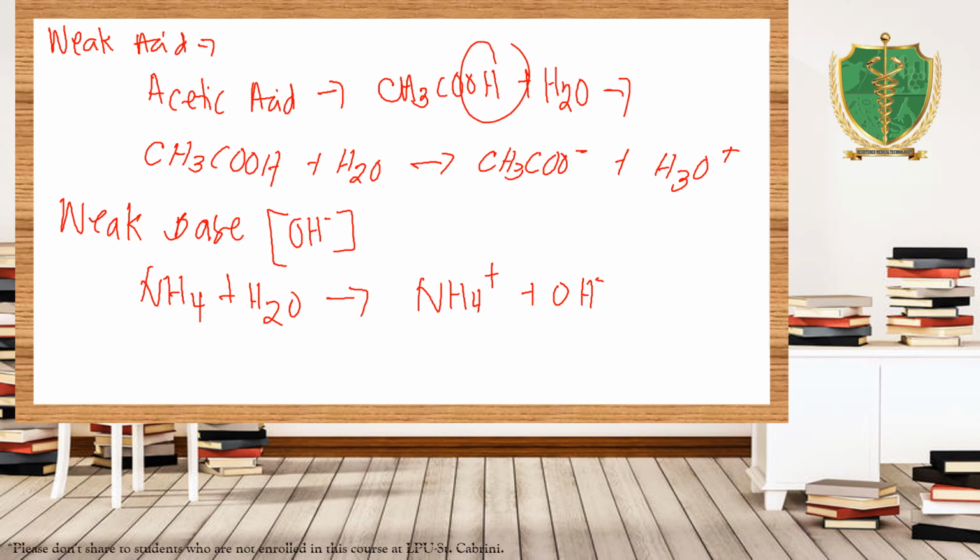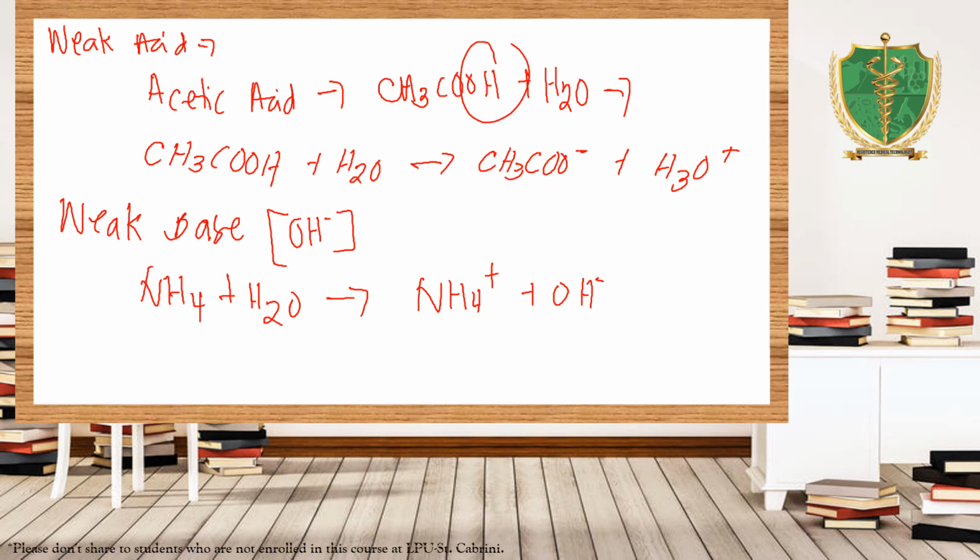Okay? So that is the definition of Arrhenius about acids and bases. Acid is the one that when it reacts with water will give us hydronium ion. The more hydronium ion you produce, the more acidic you are. The more hydrogen that you react with water molecule, the more acidic you are. The less hydronium ion that you can lose in reaction with water, the weaker acid you are. Okay?